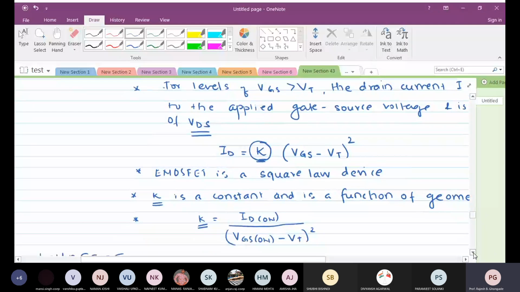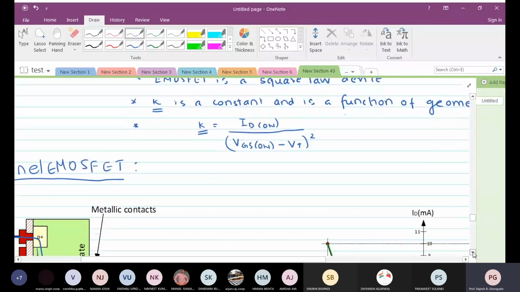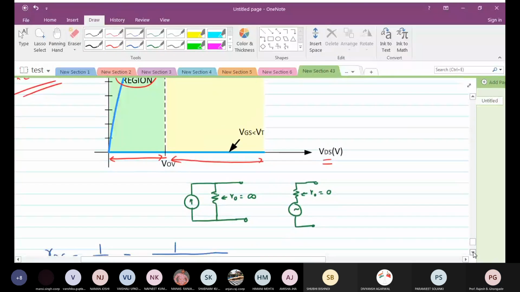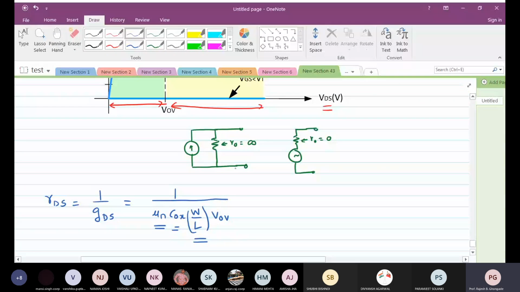That is where this W by L comes into picture. Mu n is the mobility of the electrons, since we are talking about NMOS. If it would have been PMOS, it would have been mu p, which is called the mobility of the holes.